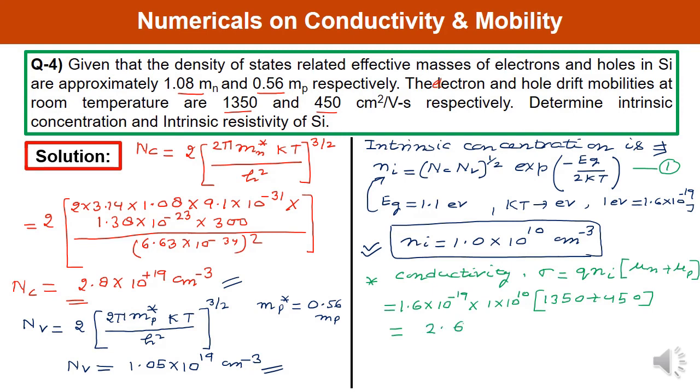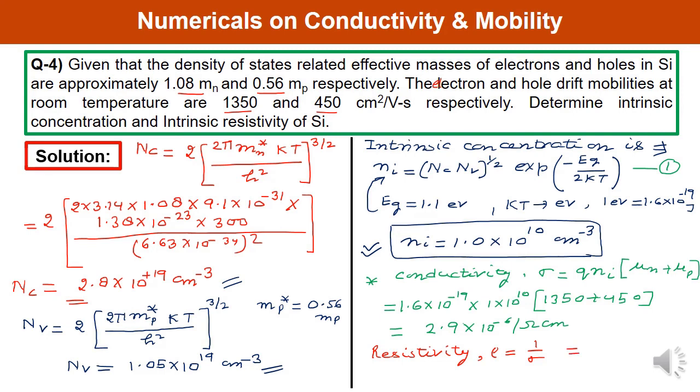Now simplify it. You will be getting this as 2.9 into 10 raised to the power minus 6 ohm centimeter. Now calculate the resistivity from the conductivity. Resistivity would be equal to 1 upon conductivity.